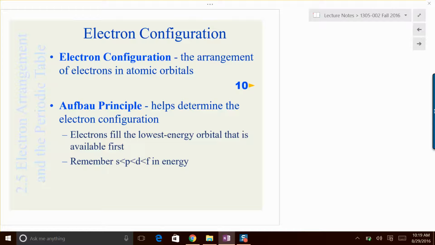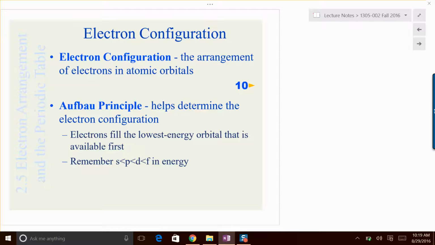What's after 5d? Here, this is where I am. What's this? 6p. How can I be sure?